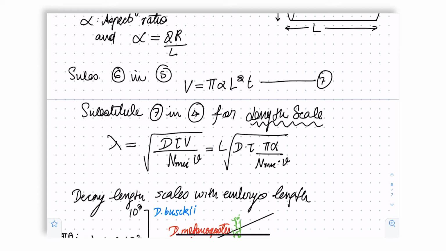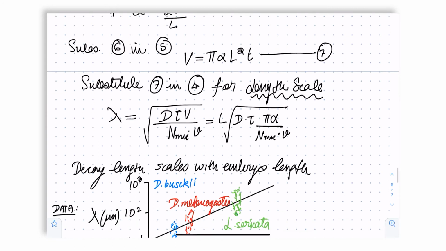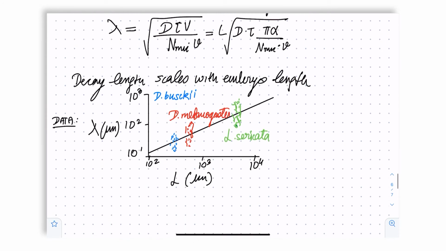Lambda is equal to the square root of D tau V upon N nucleus times v, which opens up, if we substitute the terms for V, as L outside the square root, meaning L times the square root of D tau into pi alpha upon N nucleus times v. This basically means that the decay length scales with the embryo length.